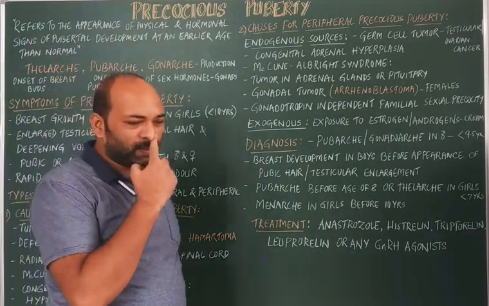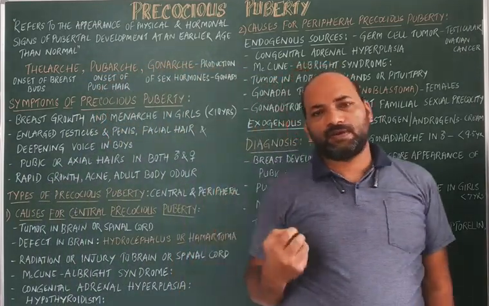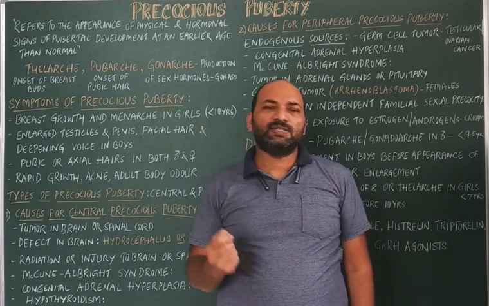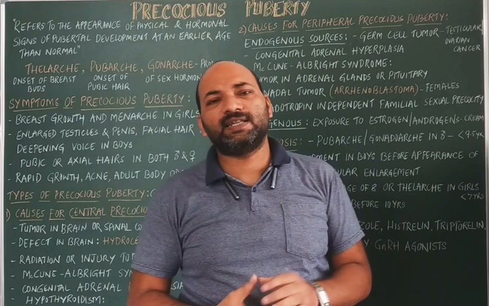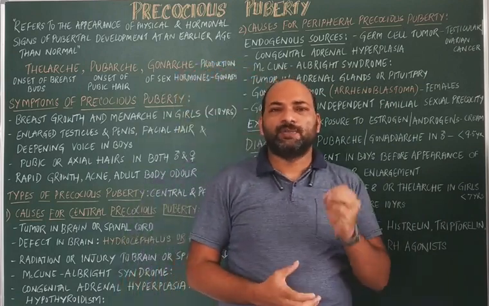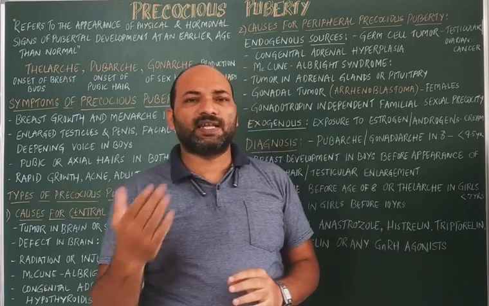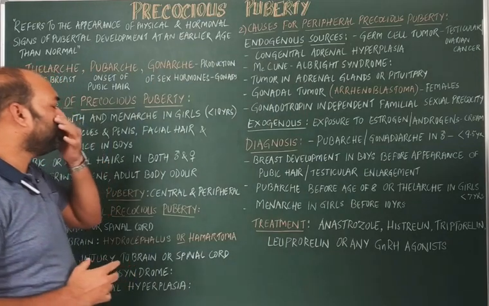Generally, the onset of precocious puberty in females occurs before the age of 8 years, and in boys before the age of 9 years.